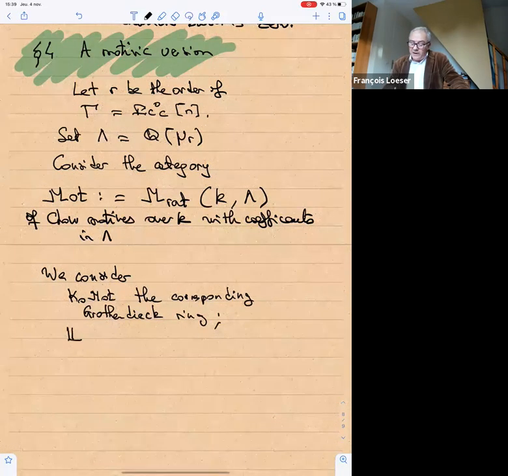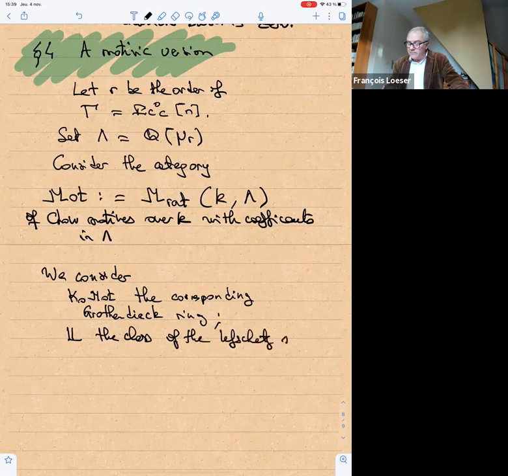So we denote by L the class of the Lefschetz motive. So the class of the motive of P1 is L plus 1.